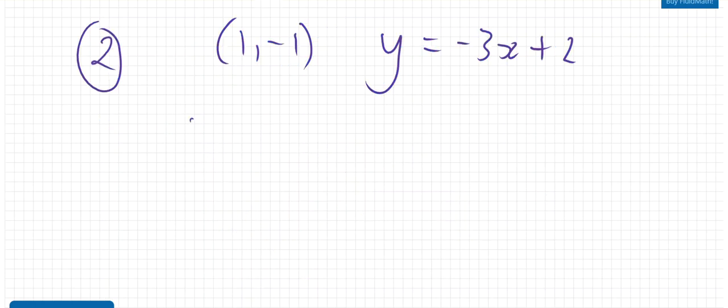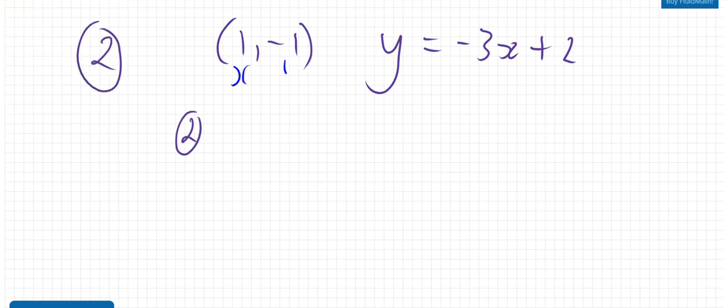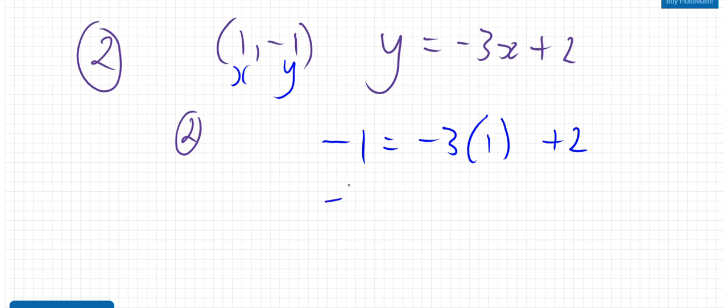Now the second method of proving this is, what if I decide to substitute both points in? So x and y, what if I went, let's sub them both in. So let's try that. So I will have y is negative 1 is equal to minus 3 times 1 plus 2. Now, this side here, y is just a negative 1, so there's no working out there. But on this side, I can simplify this.